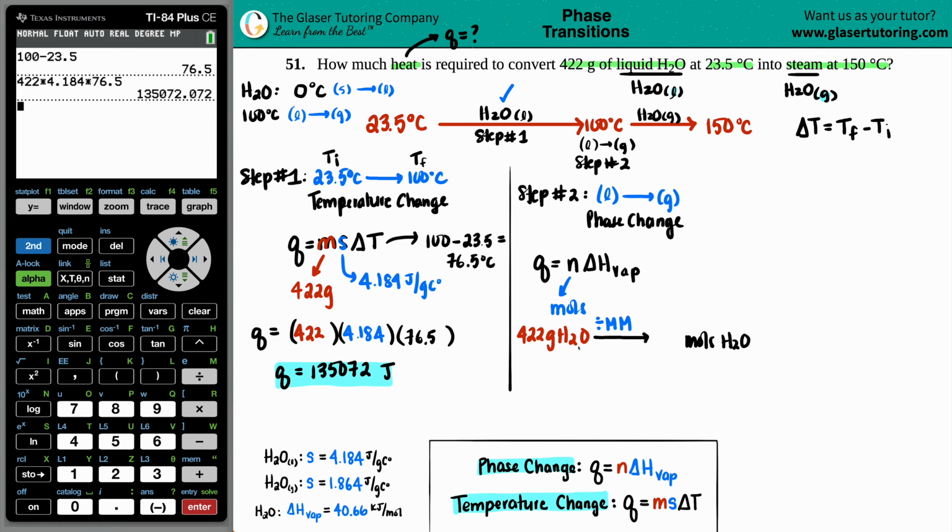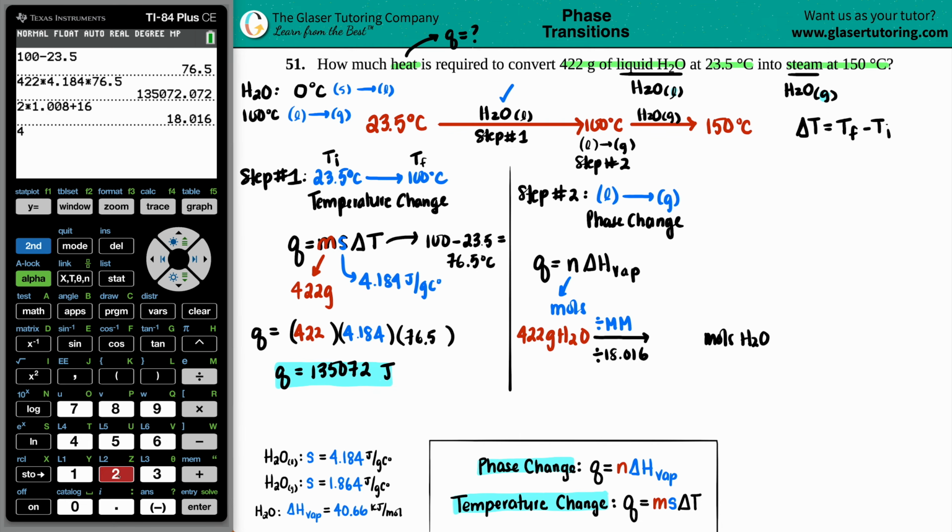And on my periodic table, I have 2 hydrogens. And for the hydrogens, it's 1.008. And then I'm going to add just 1 oxygen on my periodic table at 16. So I'll take the exact value here. So I'm just going to divide by 18.016. And I will get my moles.